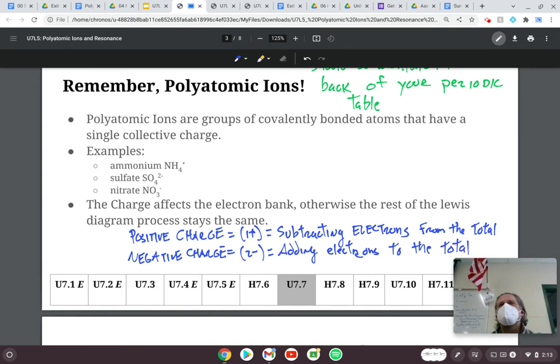The only other thing that's different about drawing Lewis structures for polyatomic ions is you have to put them in a bracket. So you take the whole structure and you wrap it in a bracket, and then you put its charge next to it.